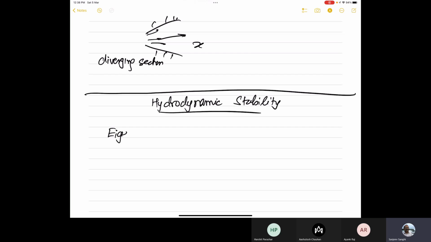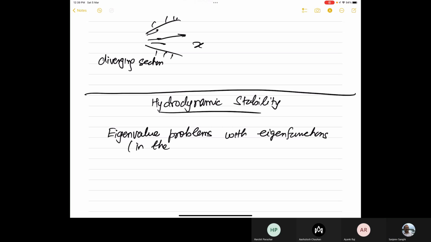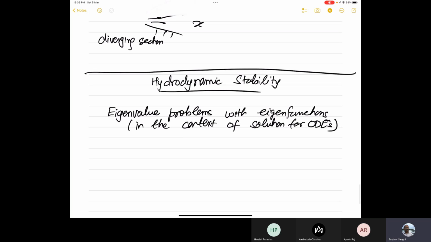I will talk a bit about eigenvalue problems with eigenfunctions, and we will look at them in the context of solution for ODEs.